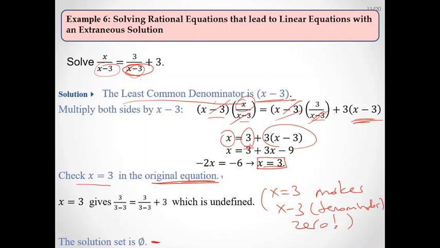When you put here 3 minus 3, it's 0, so the denominator becomes 0. For this reason, you don't take it as a solution. This is an extraneous solution. You can take it as a fake solution. So it cannot be a solution. You say it's the empty set.